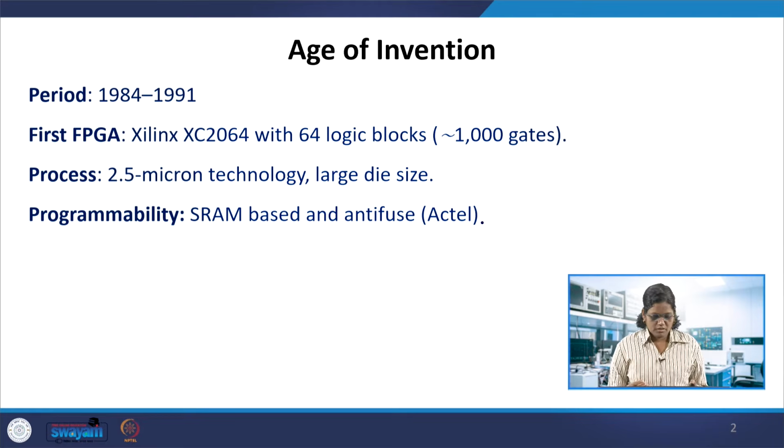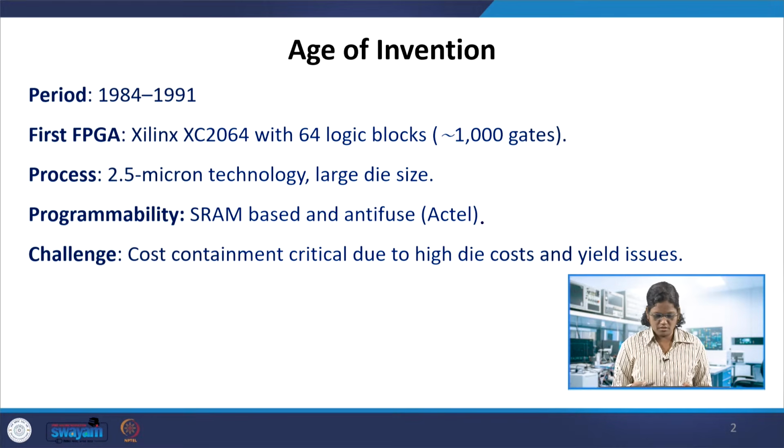So whenever you switch it on, you have to reprogram it, whereas the antifuse is only one time programming. Flash devices, when you program them, retain the program throughout. Actel came up with the antifuse technology, and both SRAM based and antifuse were part of the invention age.